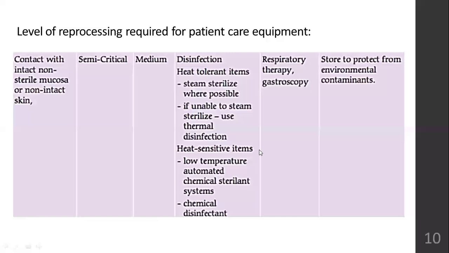Heat tolerant ones can go under autoclave, hot air oven, or steam sterilization, but for heat sensitive ones, ethylene oxide, low temperature sterilization, or high level chemical disinfectants can be used. Examples are respiratory therapy instruments and gastroscopy instruments.